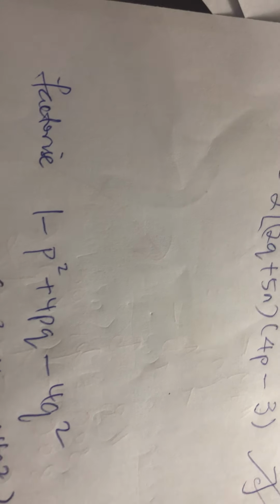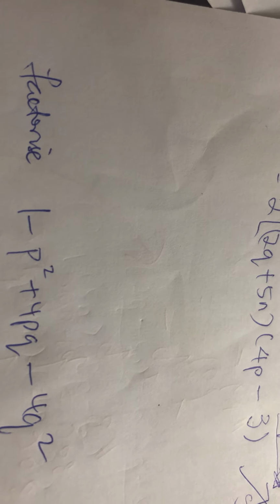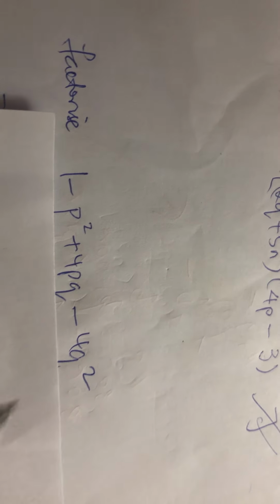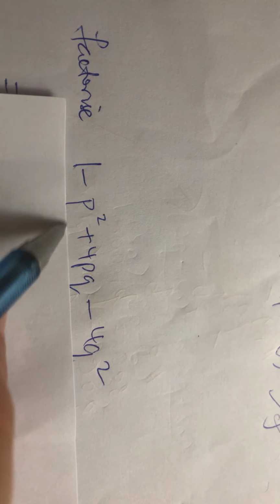What if you are given this? Now, if you try to use photocopy method, you will find that it doesn't work. No matter how hard you try to take out common factor for this, cannot. Then you rearrange, you rearrange.